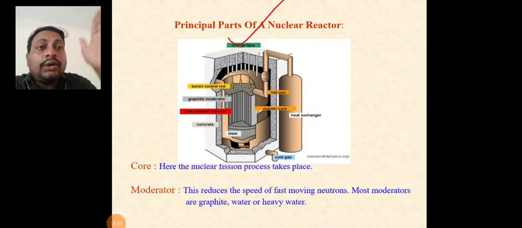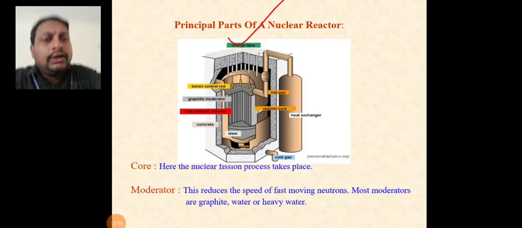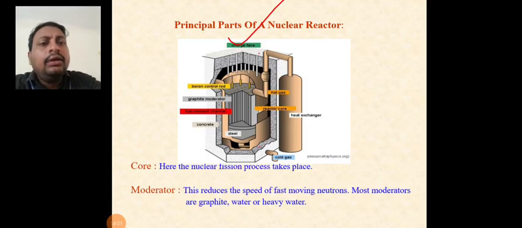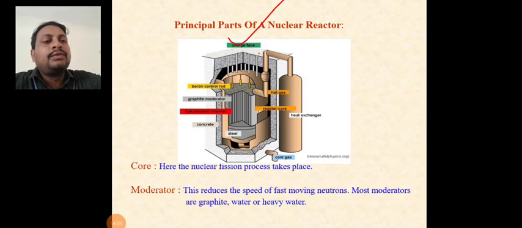We need to control that nuclear reaction. So we use the control rod for controlling the reaction, whereas the moderator is used for slowing down the fast moving neutrons.